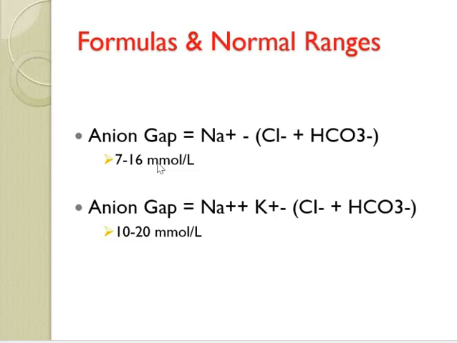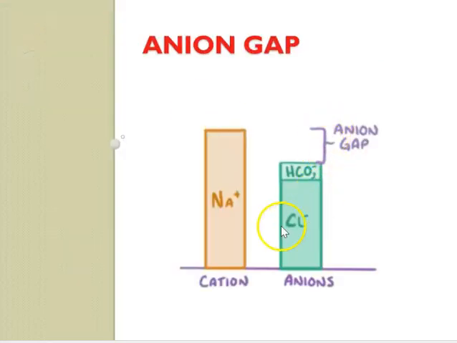So let's go back to that original slide where we introduced ion gap and look at that chart. Here would be your ion gap, the difference between your cations and your anions. And this would be your ion gap. And you can calculate that using one of those formulas.